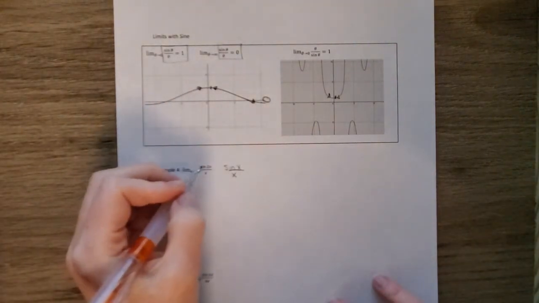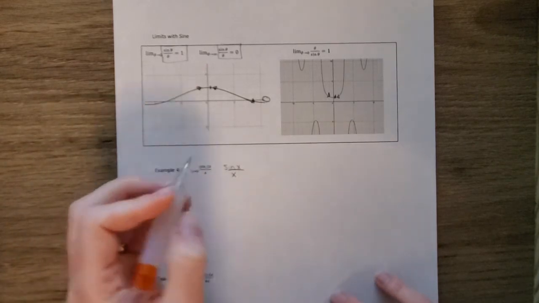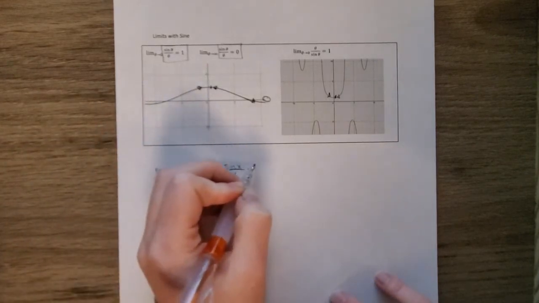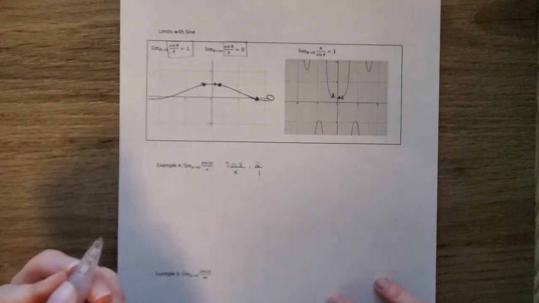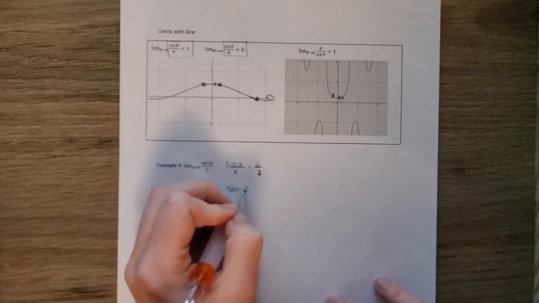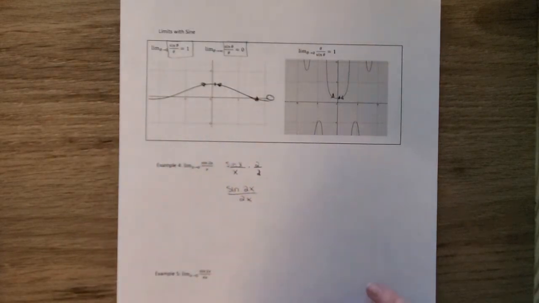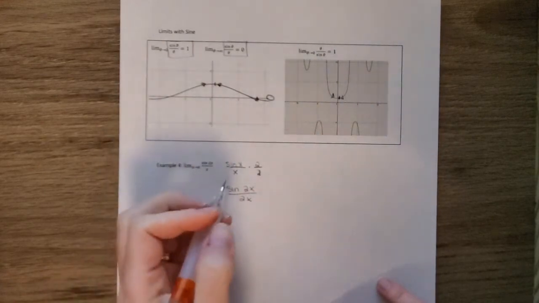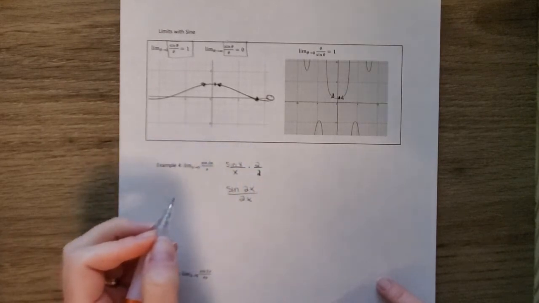Again, we should have plugged in 0 first, but we got 0 over 0, so we can see that that doesn't work. So if we take sine x over x and multiply by 2 over 2, we get sine 2x over 2x. So we multiplied by 2. Does everybody follow that?